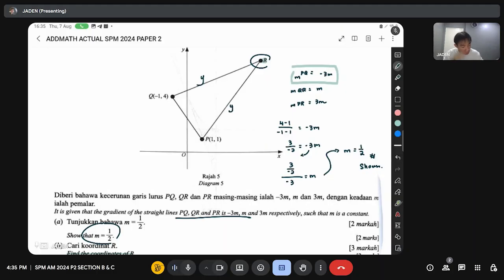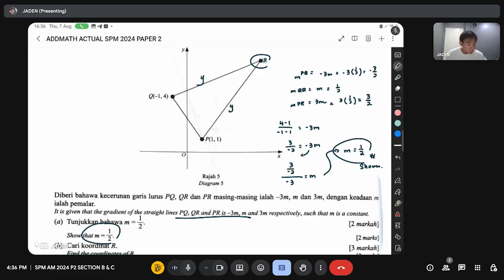Because we already got the gradient, which is 1 over 2, that means my gradient for PQ is negative 3 times 1 over 2, which is negative 3 over 2. The gradient of QR is 1 over 2. For PR, it is 3 times 1 over 2, you get 3 over 2 positive.